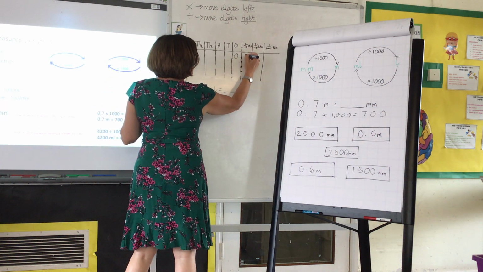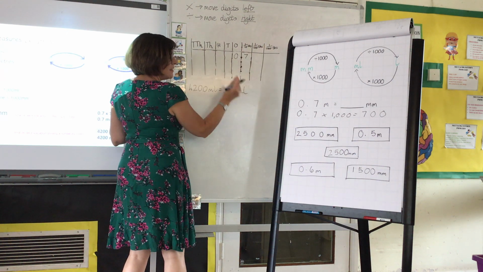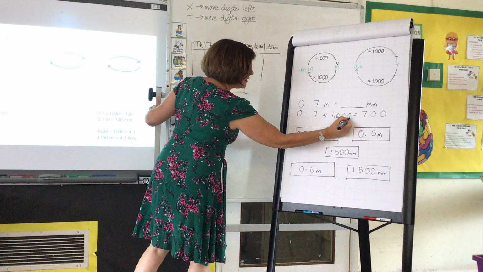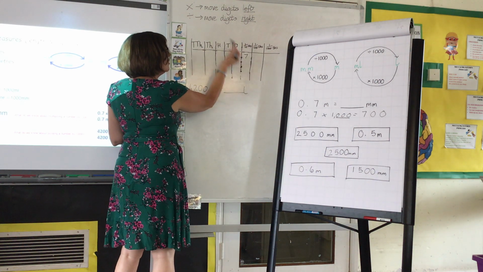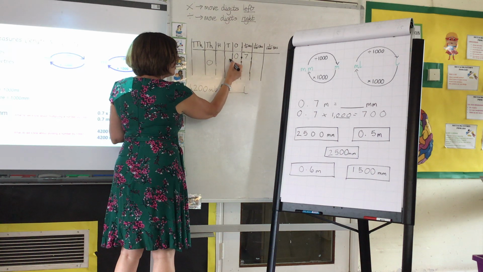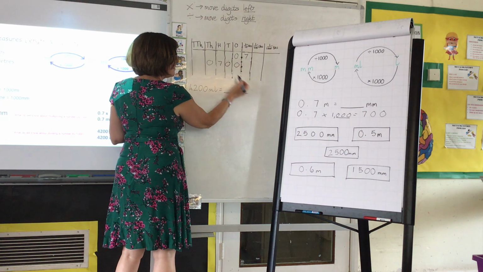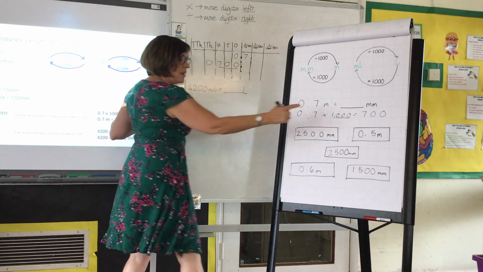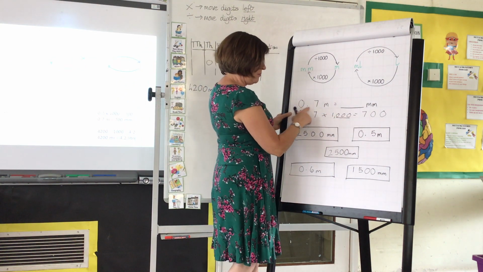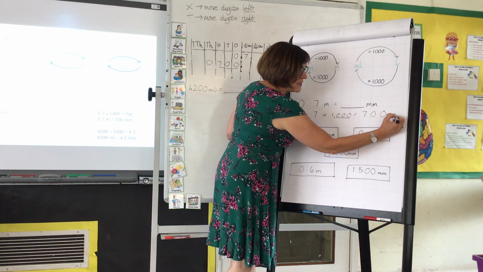You go 3 places because there are 3 zeros in the 1,000. So 3 places to the left. 1, 2, 3, and we use the 0 placeholders before the decimal point. So the answer is 700. So 0.7 metres would be 700 millimetres.